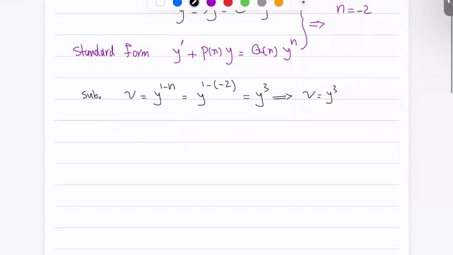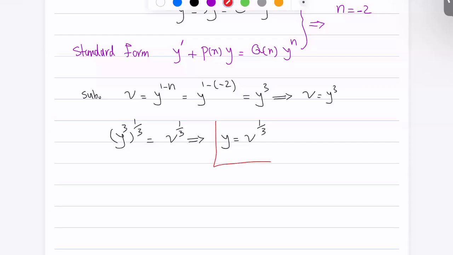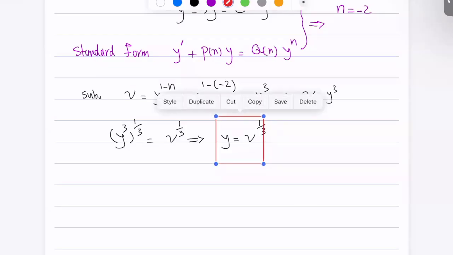So I need y in terms of v. How do I do that? Well, I can just raise this y cubed to the power of 1/3, because that will give me y equals v to the 1/3. This is the first thing we need, very important.